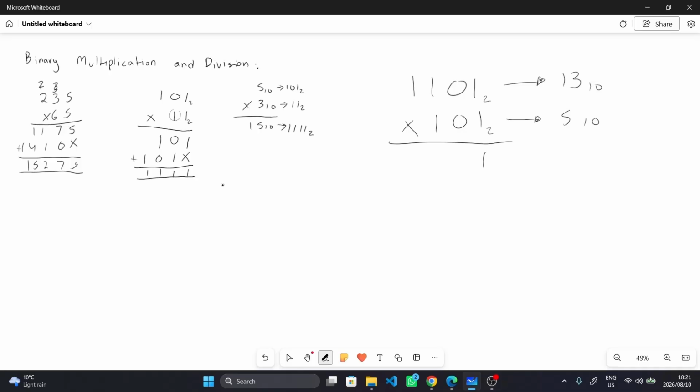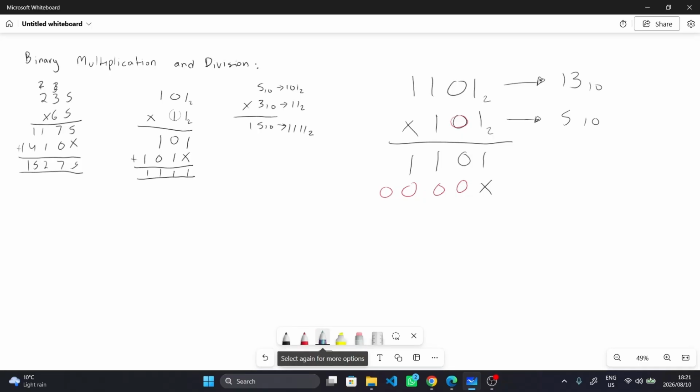So it's going to be 1 times 1, then 1 times 0, then 1 times 1 again, then 1 times 1, right? Then we remember we skip a place, then let's just change the color. Then we go to this 0 here. So it's going to be 0 times 1, which is 0. 0 times 0 is 0. 0 times 1 is again 0, and 0 times 1 is 0, right?